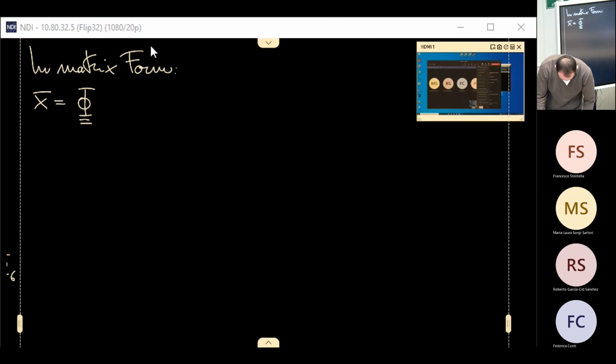Yes, it is. So it's this, like so. And this is with the overbar, okay?